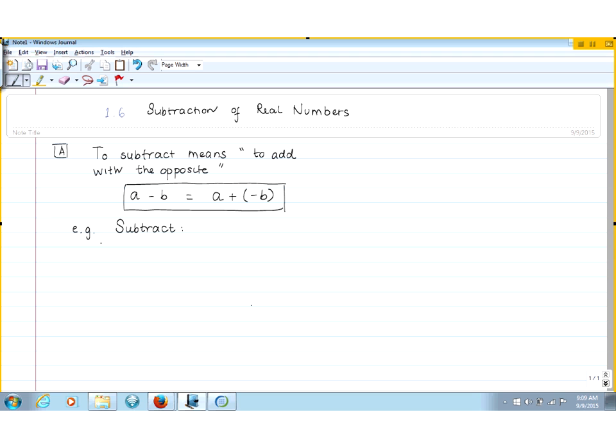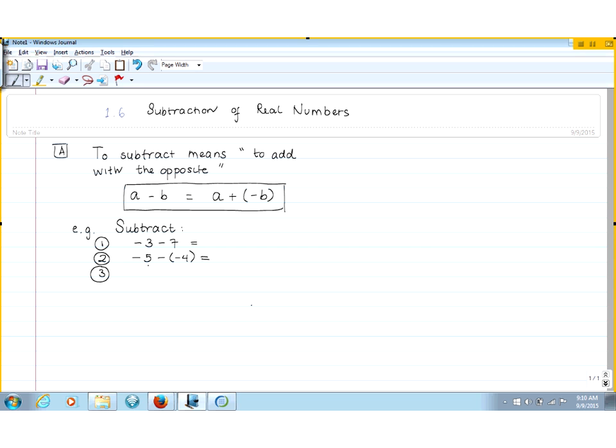Now, some of you who already know, for example, what is negative 3 minus 7? If you already know it's negative 10, then you don't have to change it to addition. What about negative 5 minus negative 4?